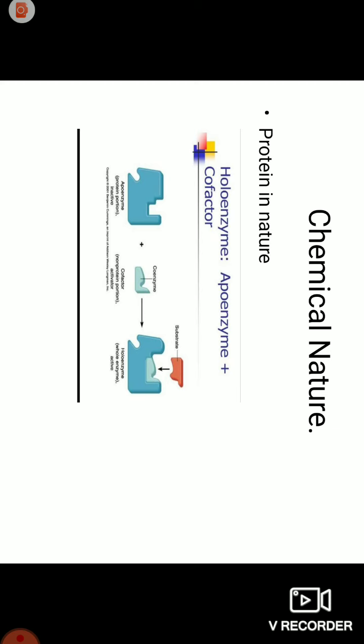So what are coenzymes? Coenzymes are the non-proteinaceous part of a holoenzyme which is organic in nature. There are many examples like NAD, FAD, PLP. So these are all organic compounds or organic cofactors which are called coenzymes. Then, what is the other type of cofactor?